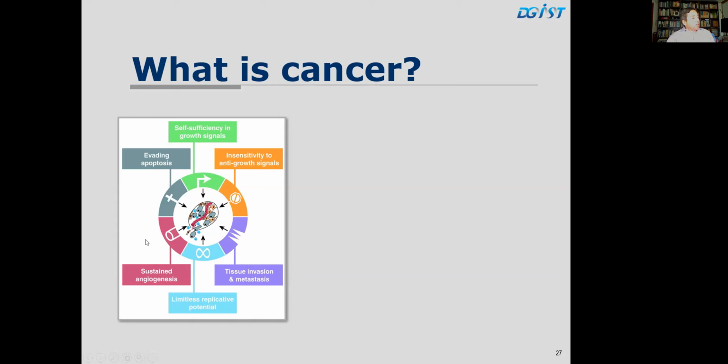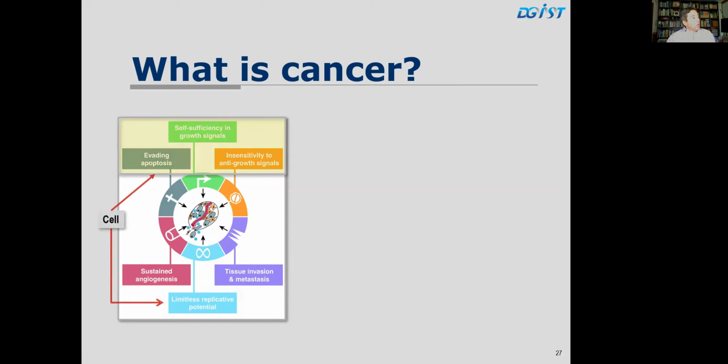Other aspects of cancer are related to the invasion of the cancer cells. They make blood vessels in the tissues that they invade. We call that angiogenesis, and they are able to invade into other tissues and even travel far away, which is not normal.